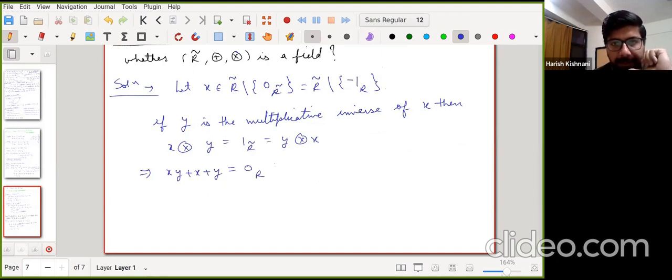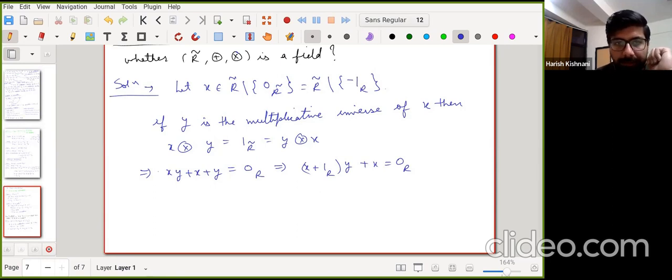And that will imply that x plus identity of R times y plus x is equal to 0 of R. I'm just taking identity of R common, y common from xy and y. Okay.